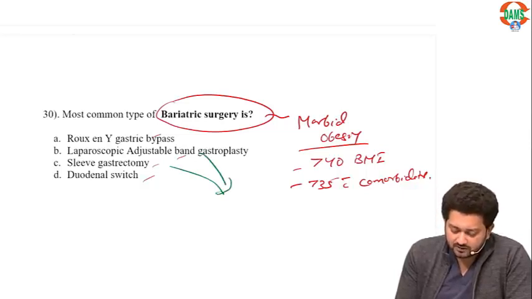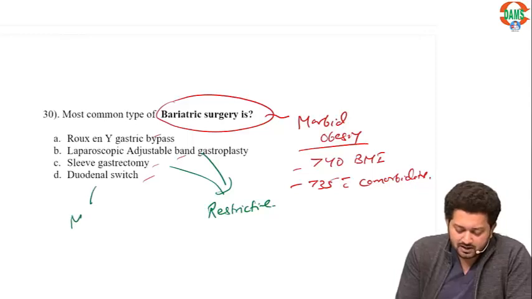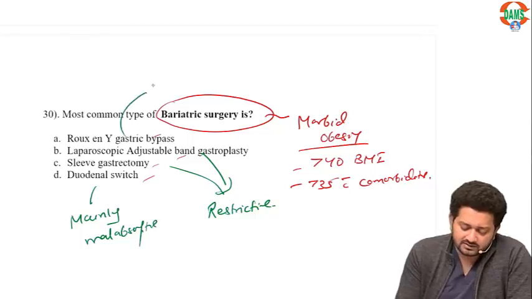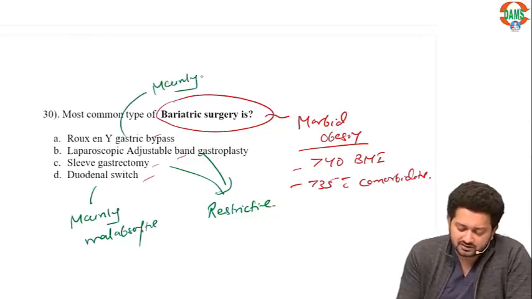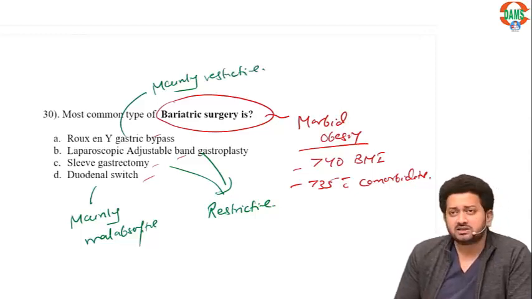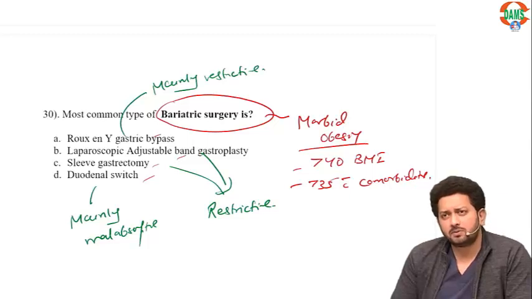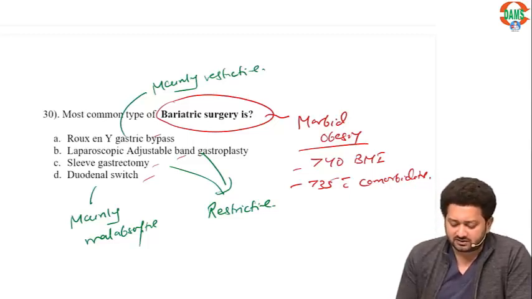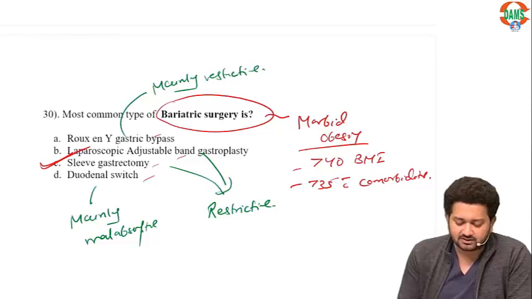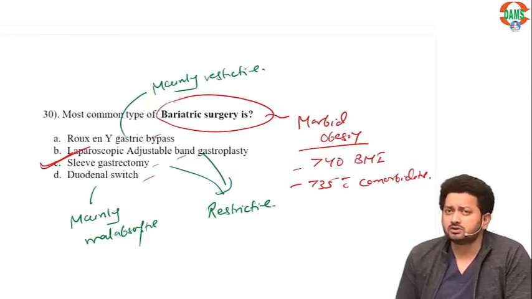These two are the restrictive surgeries. This is mainly a malabsorptive surgery and this is mainly a restrictive surgery. Laparoscopic adjustable gastric banding and sleeve gastrectomy are purely restrictive surgeries, and the most common is sleeve gastrectomy. All over the world, including India, the most common type of surgery done is sleeve gastrectomy.